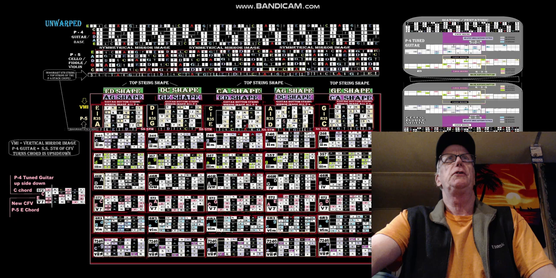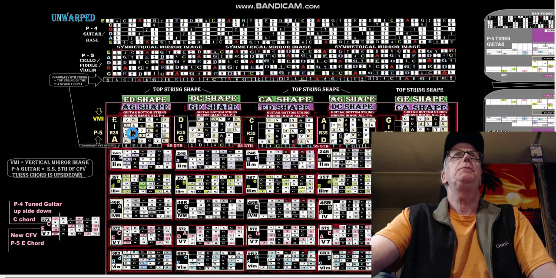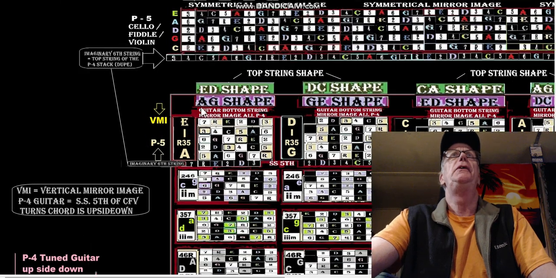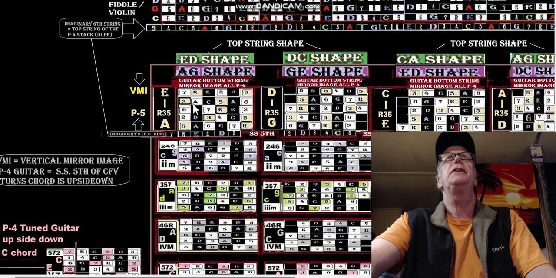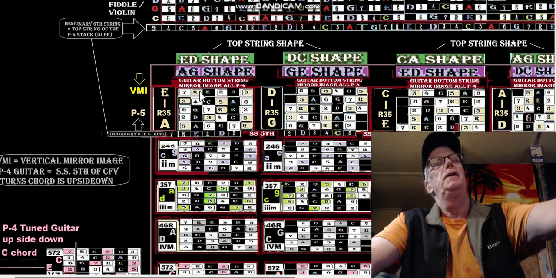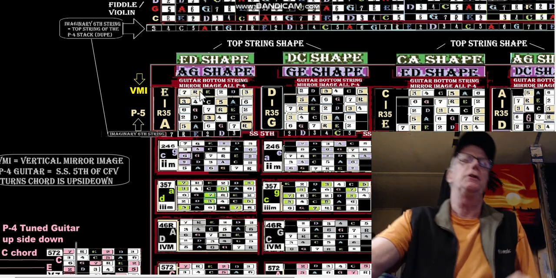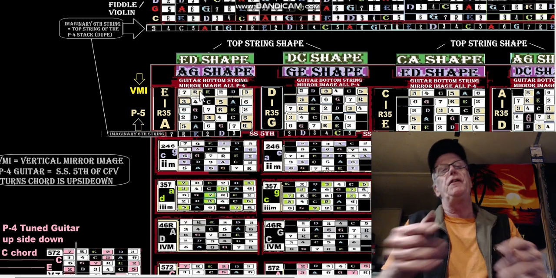Okay, so how does that work? The E position in regular guitar, if you turn it upside down, is here, 7 root 2, root being the E. E's fourth is A. So it depends on whether you're going from P5 to P4 or P4 to P5. It's going to be a fourth or a fifth.